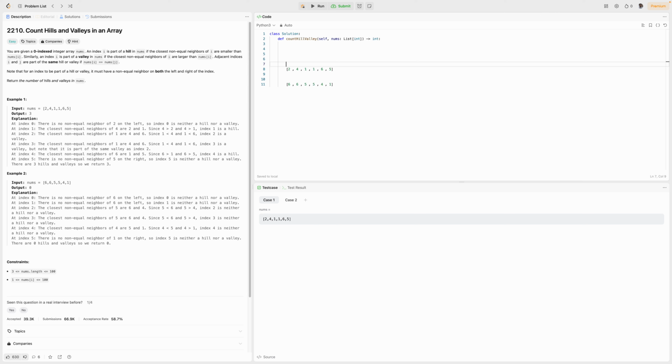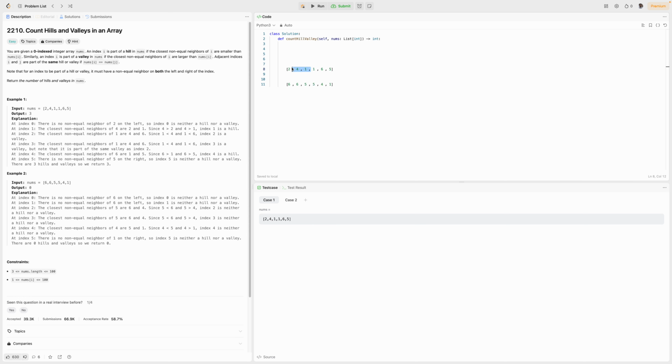No, I can't sort it. So, are we going to use three pointers here? I've got a feeling we're going to use three pointers here.